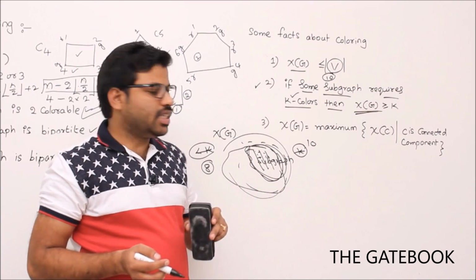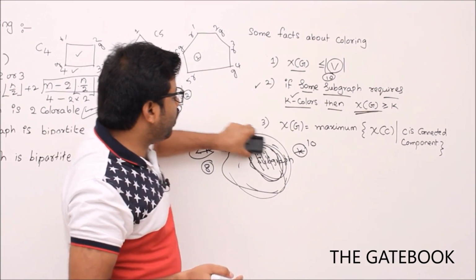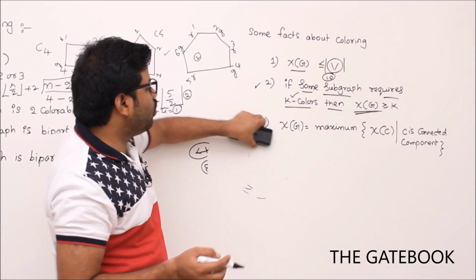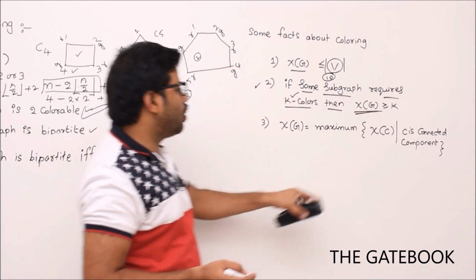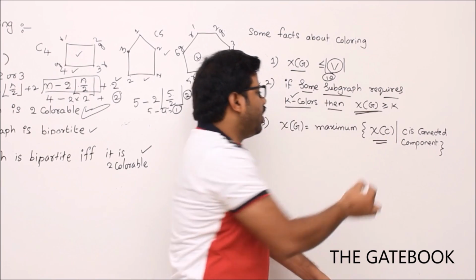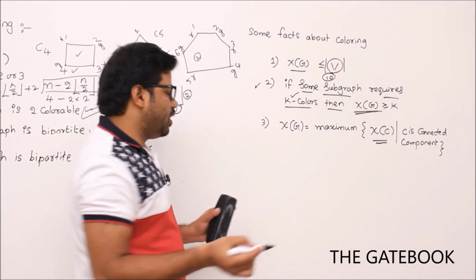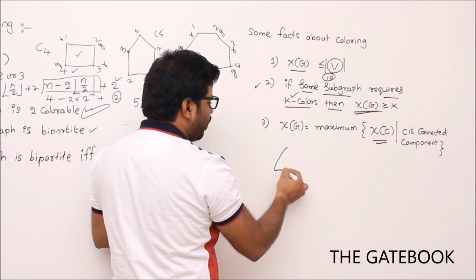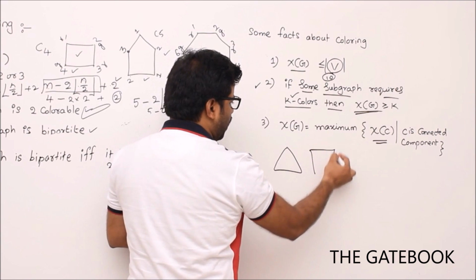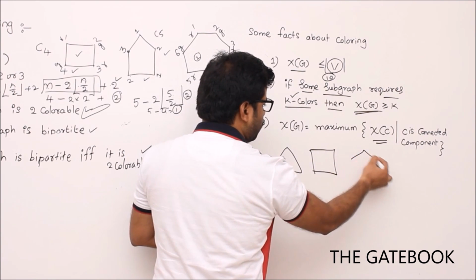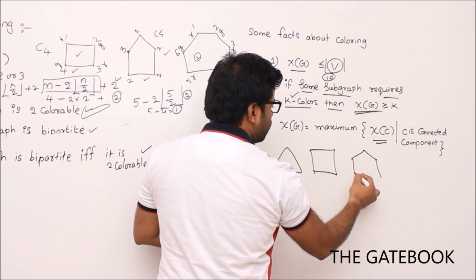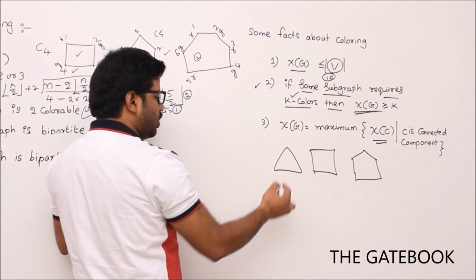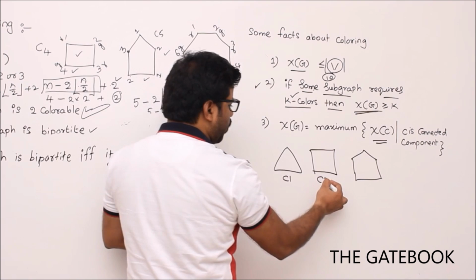One more fact we'll see: the chromatic number of any graph is equal to the maximum of the chromatic numbers of its components C, where C is a connected component. I'll explain this statement. Example, you have some components in your graph like this. This is component number 1, component number 2, component number 3.